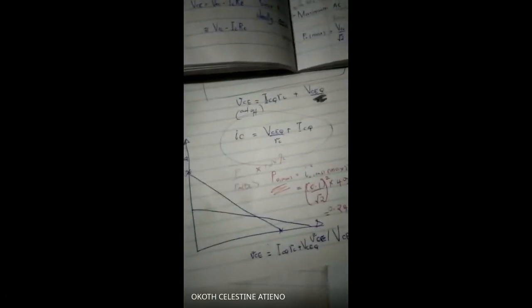Celestine, you've mentioned you got power output, right? At least that is how we did it in class. Something doesn't add up here. So I think, Celestine, think about it this way.